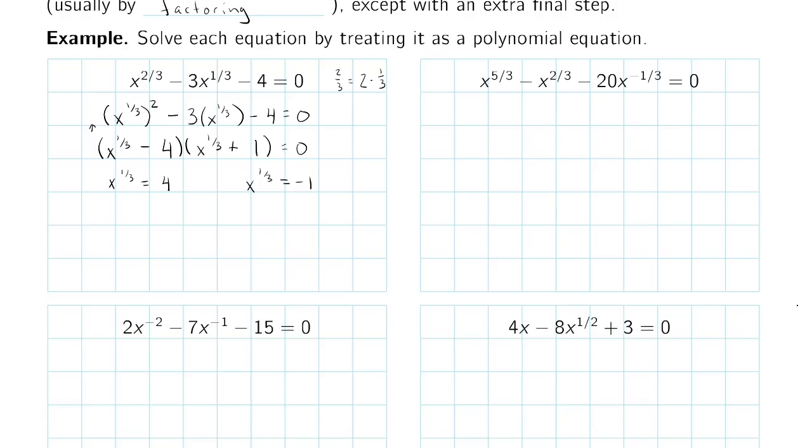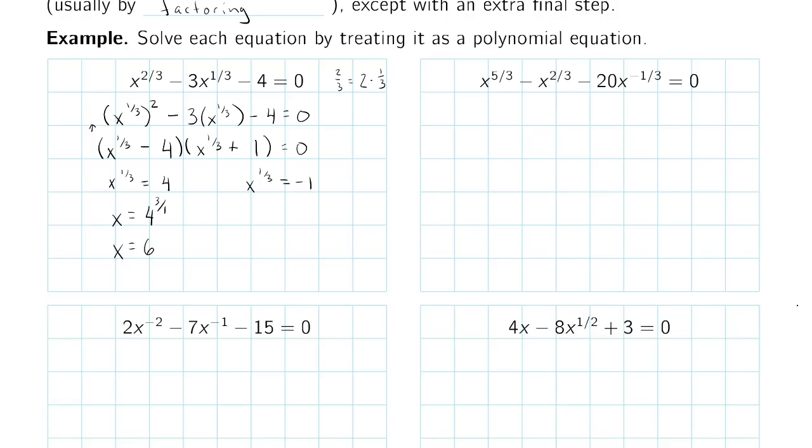If this were actually a polynomial, I would be done right now. But this isn't actually a polynomial. Instead of just having x by itself, I have x to the 1/3. Now 1 and 3 are both odd numbers, so I don't need to worry about signs. I can say that x is 4 to the power 3 over 1, or just 4 to the power 3.